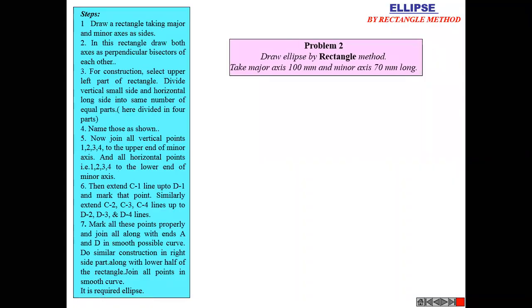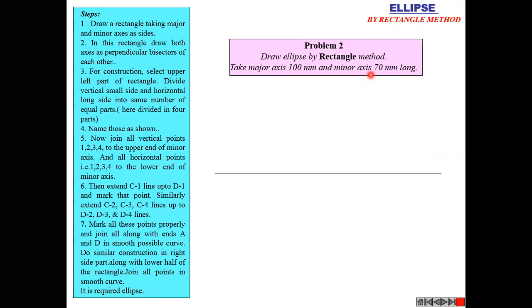Let's talk about the construction of the ellipse by the rectangular method. This is the problem statement: draw the ellipse by the rectangular method whose major axis is 100 mm and minor axis is 70 mm long. Let's see how it is to be constructed.